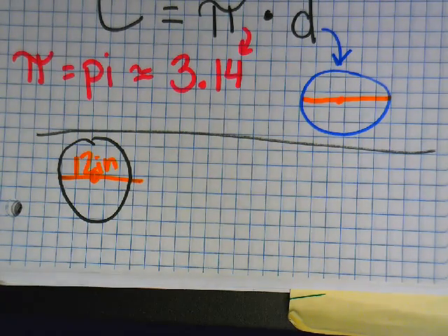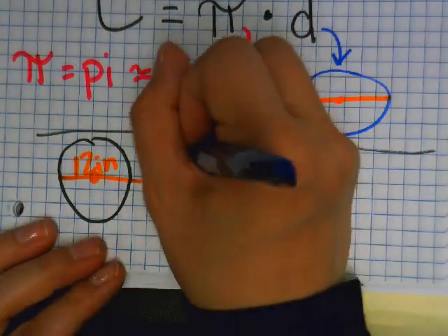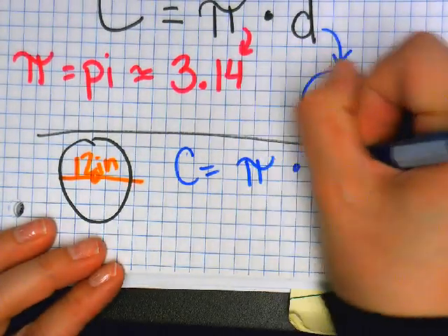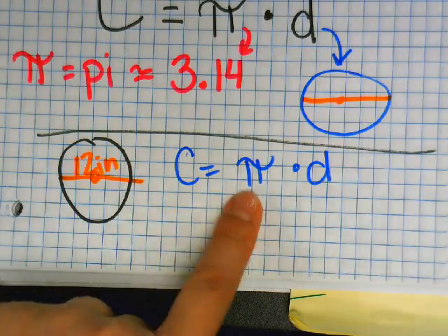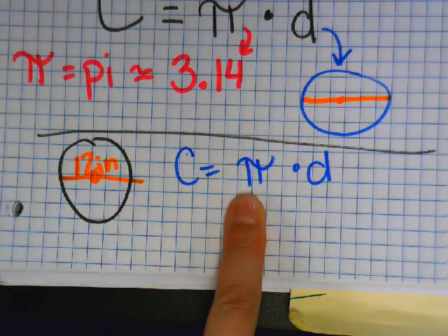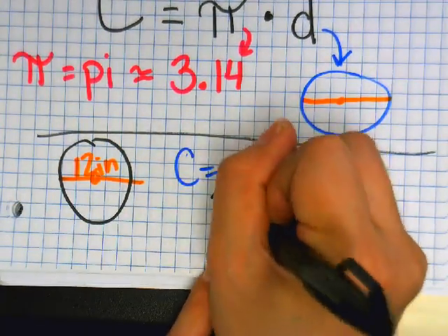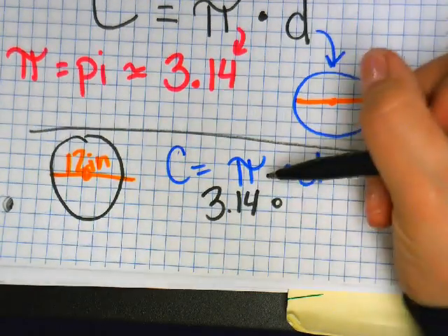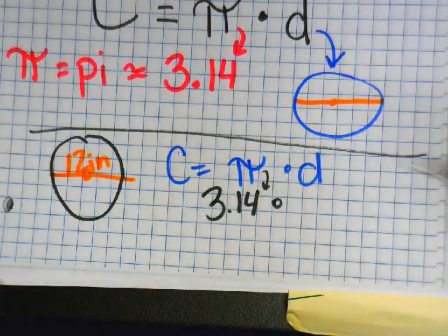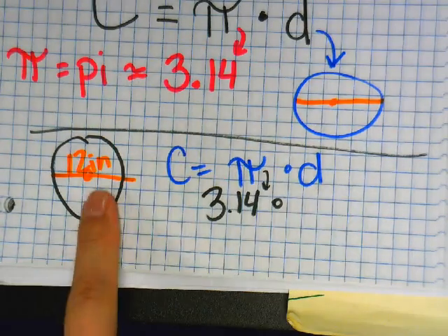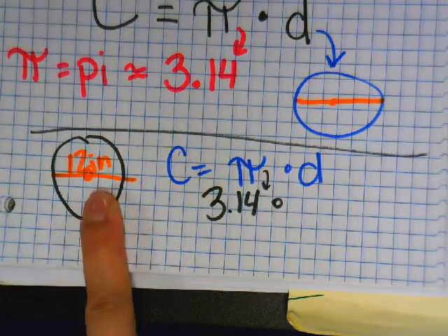All right, so circumference equals pi times diameter. What is pi again? 3.14. So we write it down. We plug it in. So instead of pi, we write 3.14. Now for the diameter, looking at this circle, 12 inches, so we write that down.